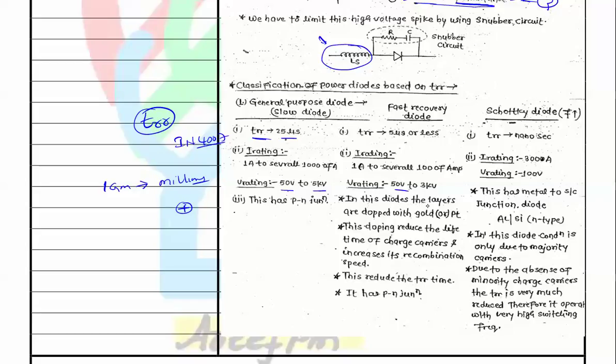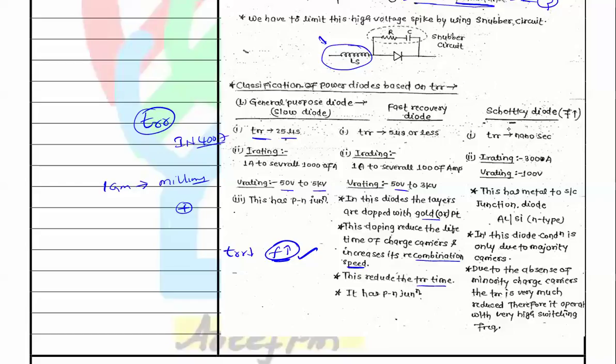The layers are doped with gold or platinum. This doping reduces the lifetime of the charge carrier in the depletion or drift region, so it increases its recombination speed. This is the reason why we use gold here. So this reduces TRR time. As TRR time decreases, frequency automatically increases. Switching frequency is more here.